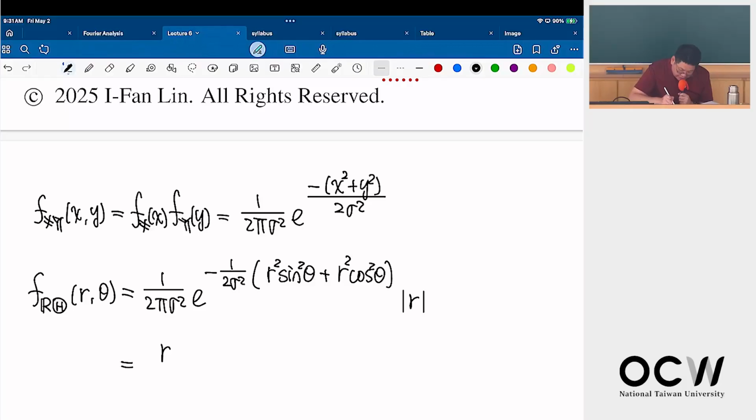Then you have r divided by 2 pi sigma squared, exponential to the power minus r squared divided by 2 sigma squared.